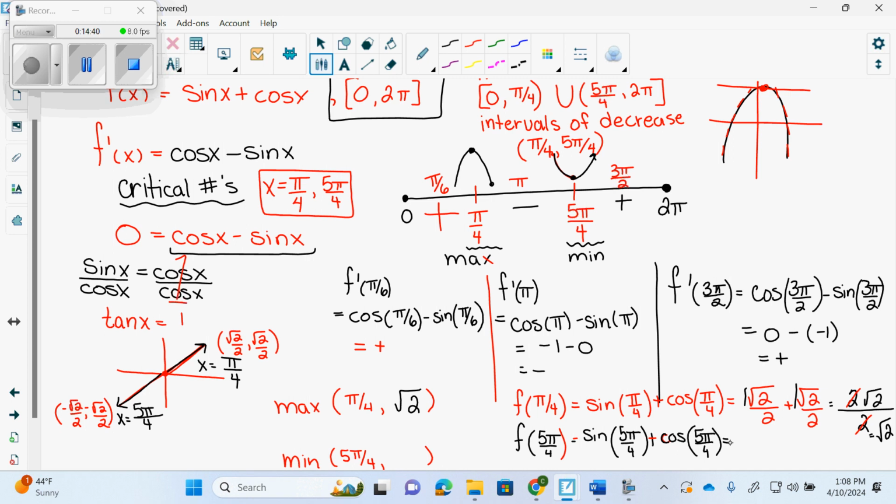Negative root 2 over 2, negative root 2 over 2. So it's minus root 2 over 2 plus negative root 2 over 2, which is negative 2 root 2 over 2, which is negative root 2. Yes, there's a lot of 2's.